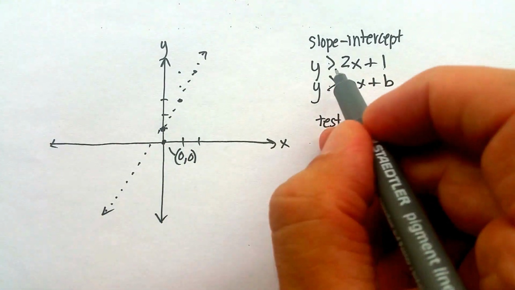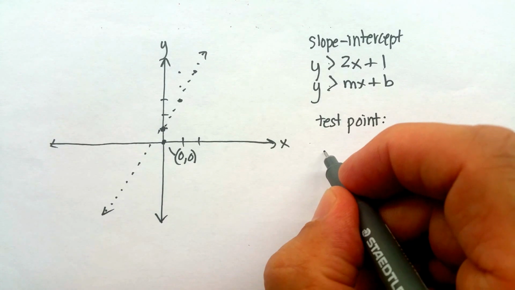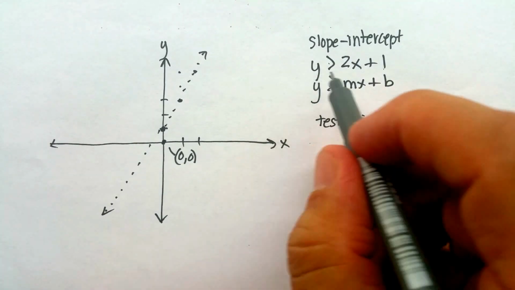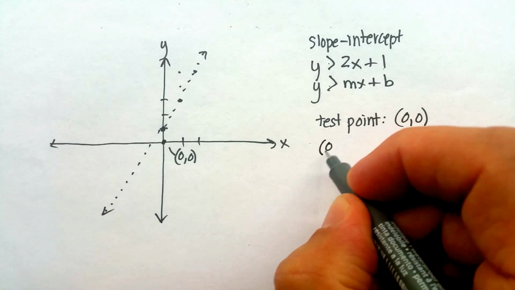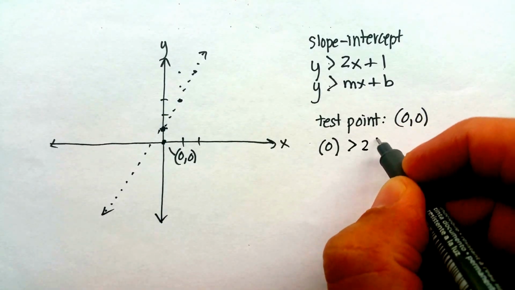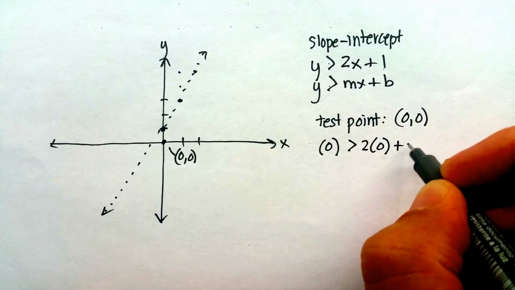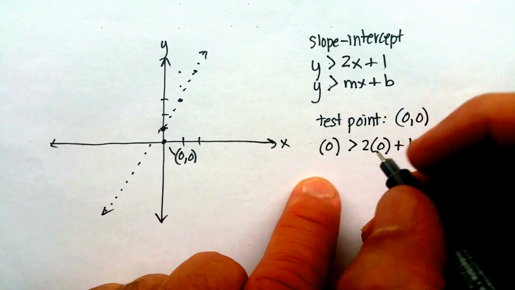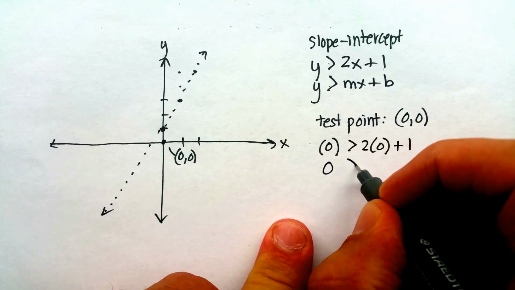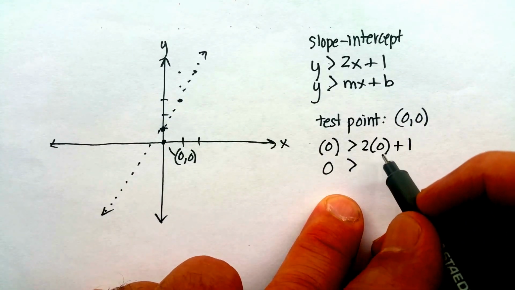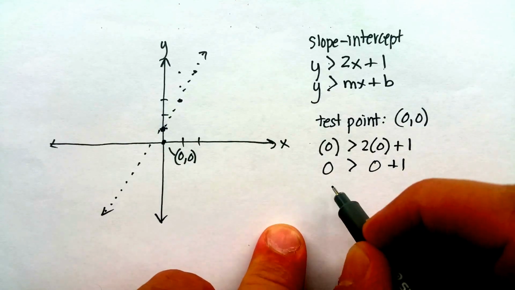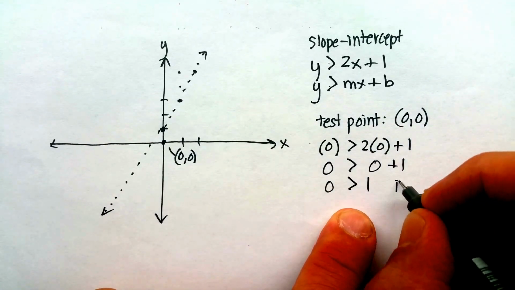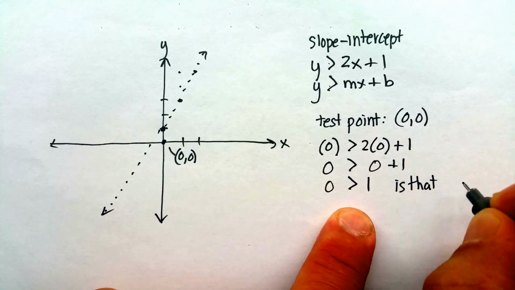So the test point is 0, 0, and I insert 0 into my y, 0 into my x, and see if this is a true statement or not. According to this, 0 would be greater than 2 times 0 is 0, plus 1, or 0 is greater than 1. Is that true? And it's not, is it?